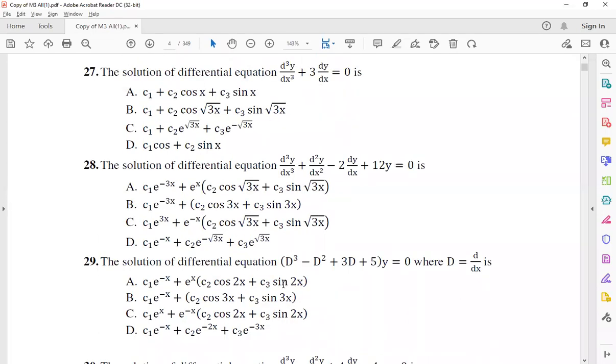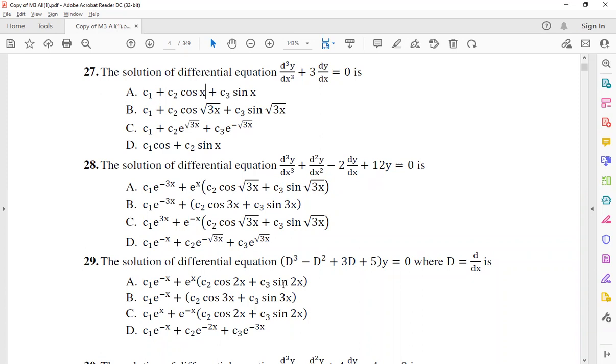Chalo, 28. A is 1, B is 1, C is -2, D is 12. The roots are -3 and 1 plus minus 1.73i. Can you tell me the correct answer? If it is 1 plus minus, alpha is 1.